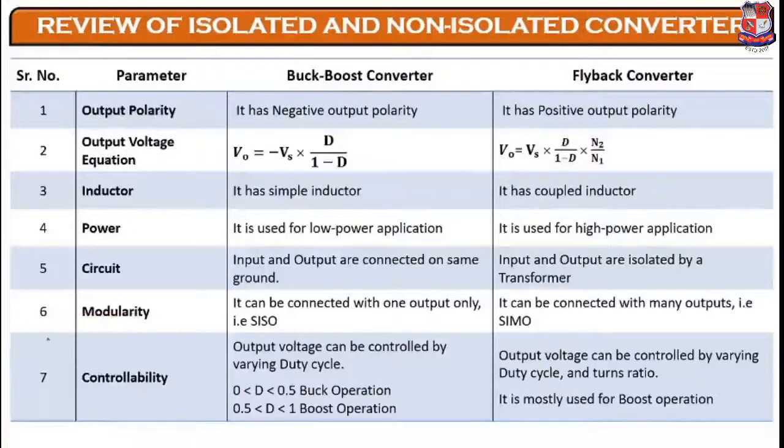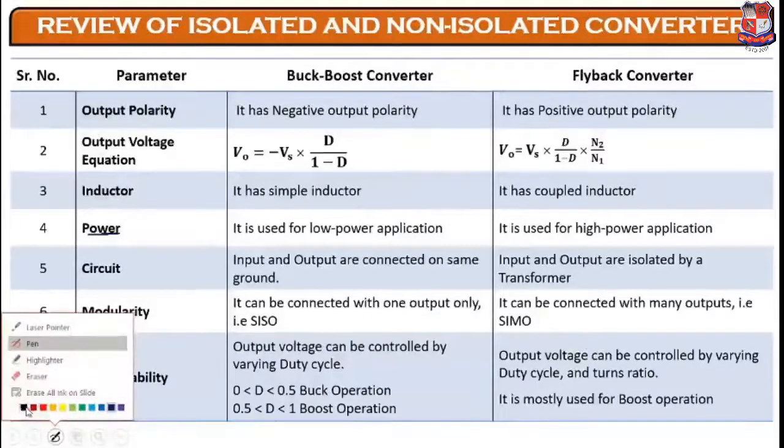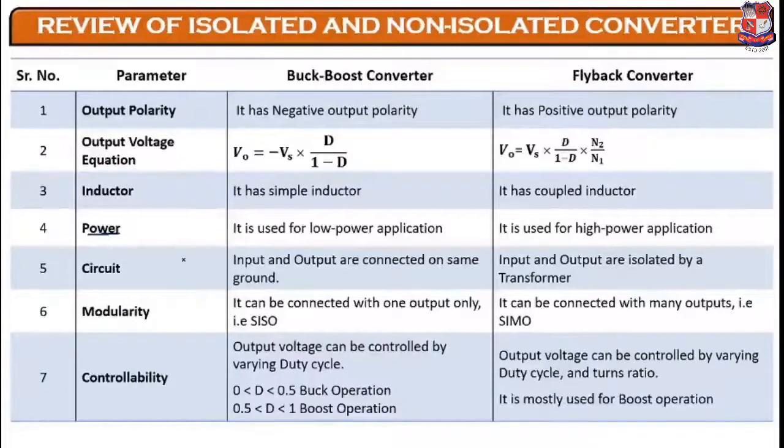What else can you see? If you compare with respect to power rating, you can say that the buck boost converter operates for low power applications, whereas the flyback converter is always used for high power applications. If you go circuit wise, this is non-isolated type because input and output are connected on the same ground, whereas in flyback, input and output are isolated by a transformer.